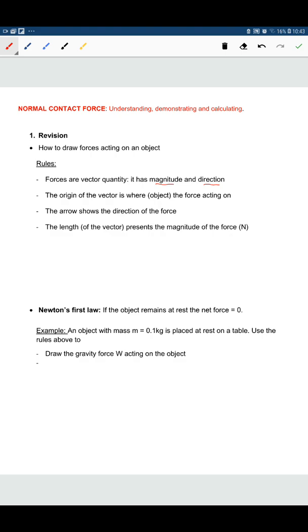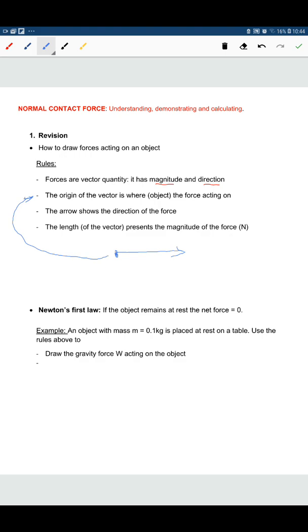Let's draw a vector. The origin of the vector is where the force is acting on. It shows where the force acts. And the arrow shows the direction of the force.